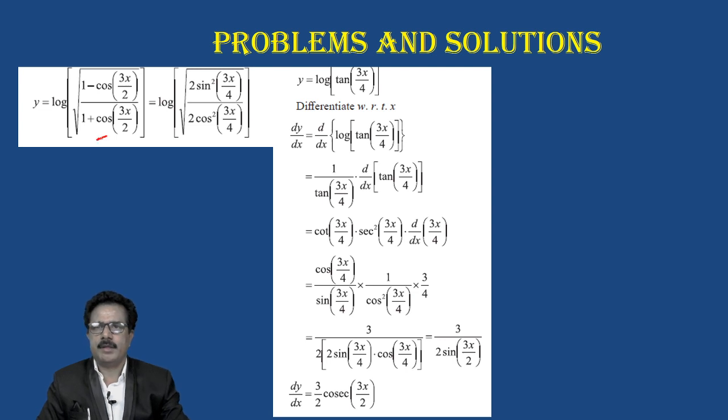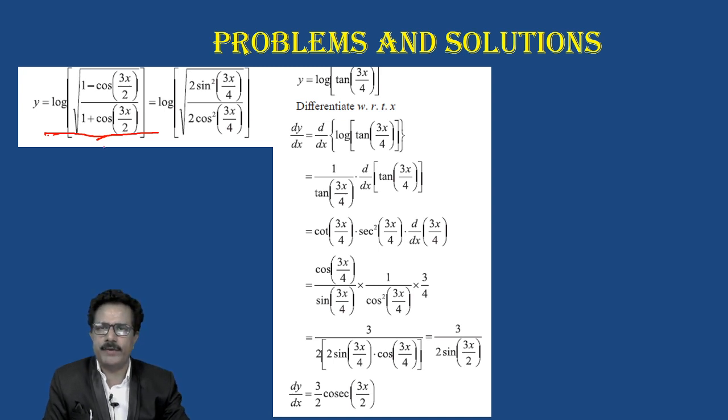See here. Suppose this is a problem, y is equal to log of the root of 1 minus cos 3x by 2 divided by 1 plus cos 3x by 2, which is included in the root, that is, log of root of 1 minus cos 3x divided by 1 plus cos 3x.